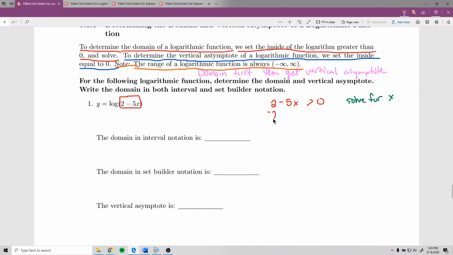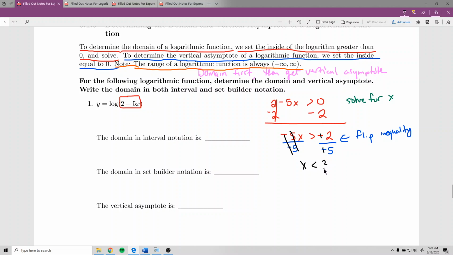Right, so we can subtract 2 from each side. We get negative 5x is greater than negative 2. And then to get x by itself, we divide by negative 5. And we know when we divide by a negative number, we have to flip the inequality. And we get x is less than, the negatives cancel out, 2 over 5.